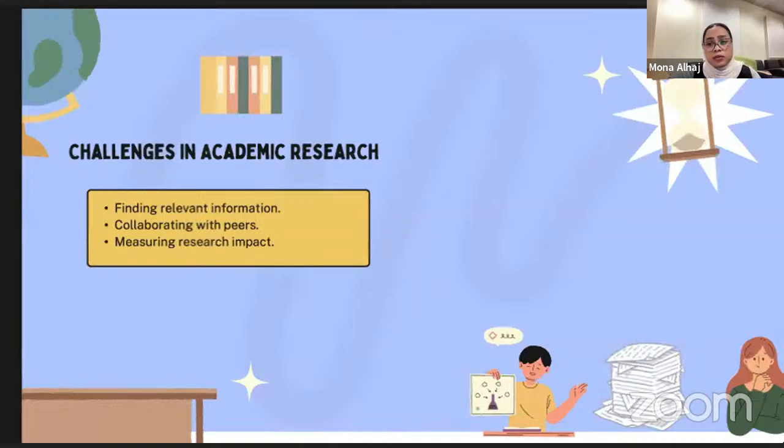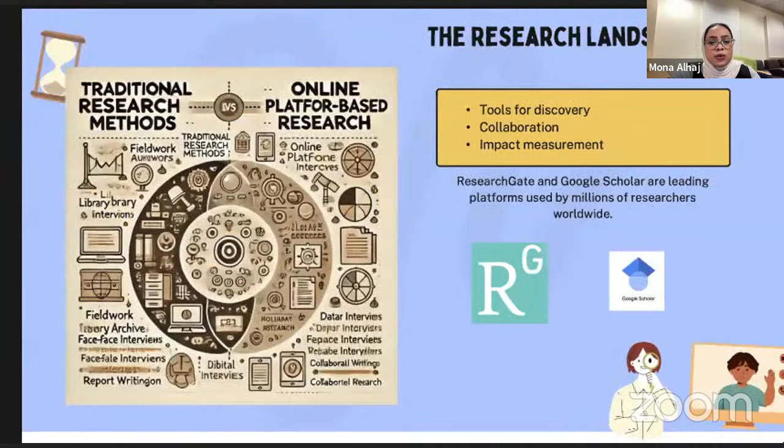Collaboration can be hindered by geographic barriers, and measuring research impact remains a complex task. So online platforms have emerged as a viable tool to overcome these hurdles. They offer efficient research capabilities, foster connection among researchers, and provide metrics to assess research influence.